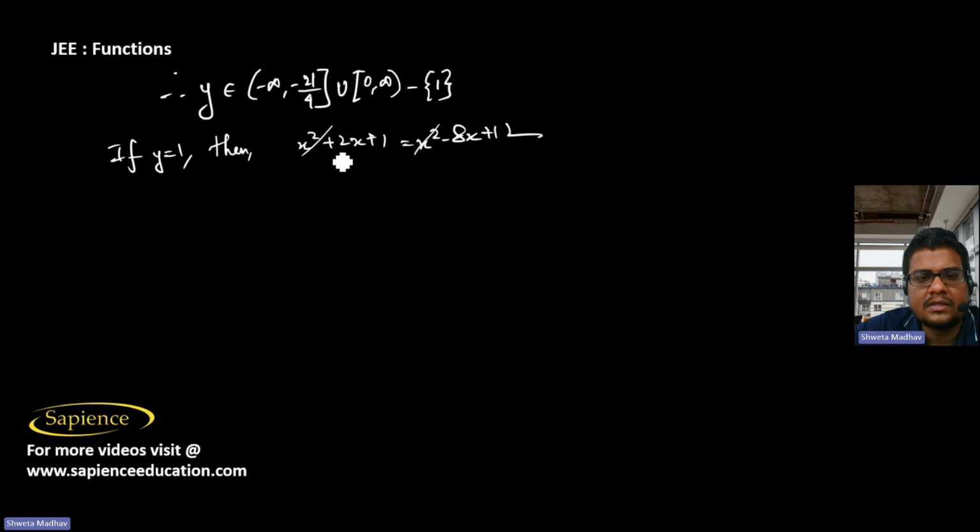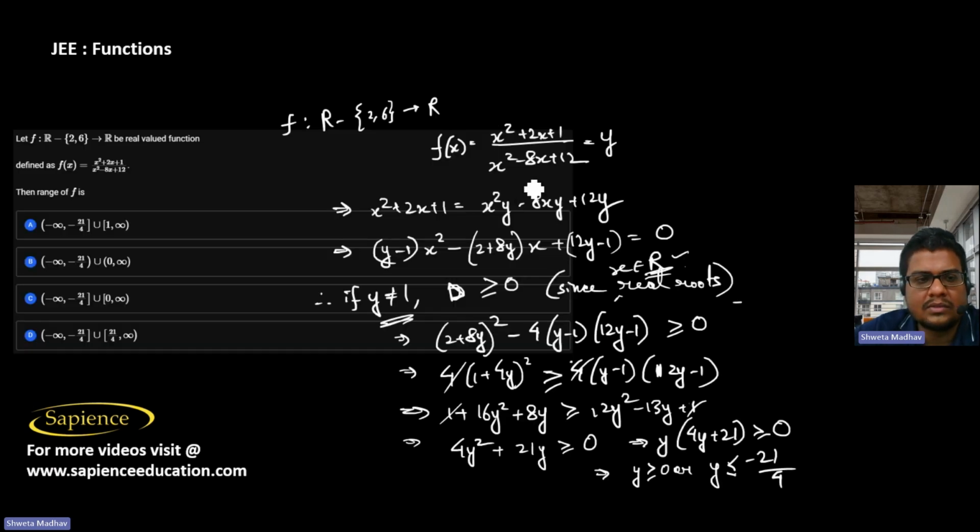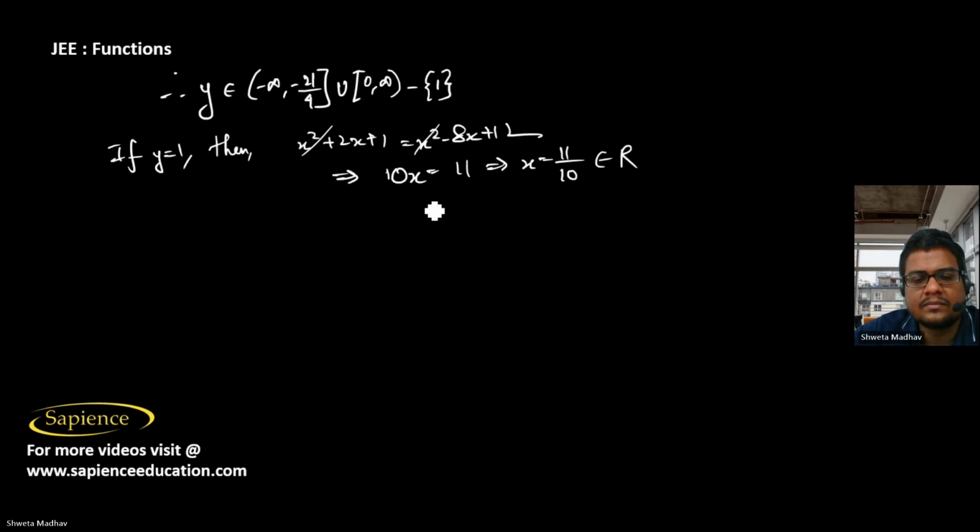So x square will cancel, then we will get 10x equal to 11. So x will be equal to 11 by 10, which is also a real number. So if y equals 1, then also x will come a real number only. Therefore y can be equal to 1 also.